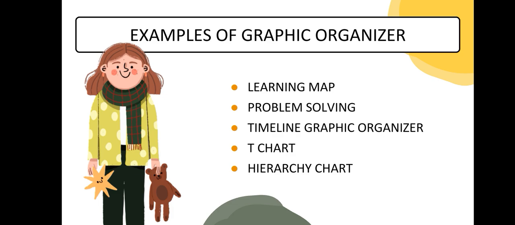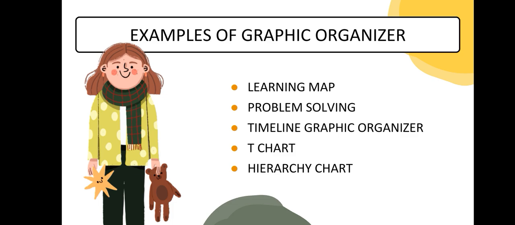Next is the learning map. So a learning map highlights the knowledge, skills, and big ideas. Next is the problem solving timeline graphic organizer. So a timeline graphic organizer shows specific events in sequence, usually with dates.